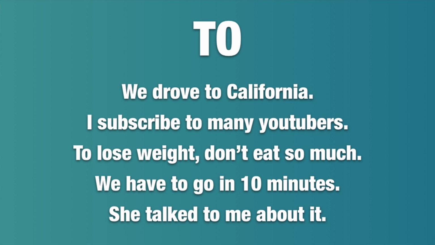So we use to when we're talking about the direction of an action, often. It's not the only way to use it, of course, and it's not the only preposition that can tell us about the direction of the action, but it is a really, really common one. Okay. Now, how about this one? I subscribe to many YouTubers. Now, is this direction? Well, not exactly.